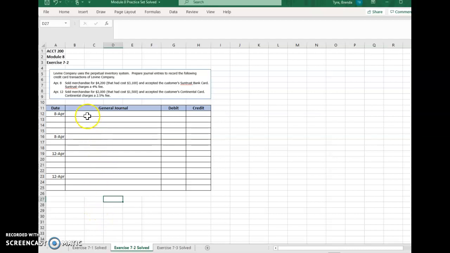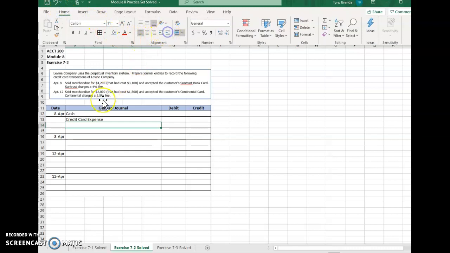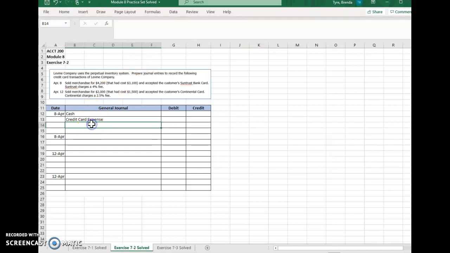So on April 8th, we know we're going to have a debit to cash because we had a sale. We will also have a debit to the credit card expense. That's what we use to record the fee that is charged by the credit card company. And we know that this is also a sale, so we will do sales.